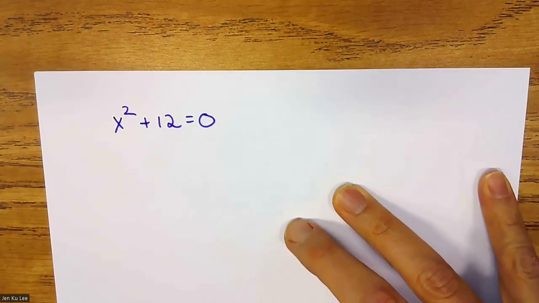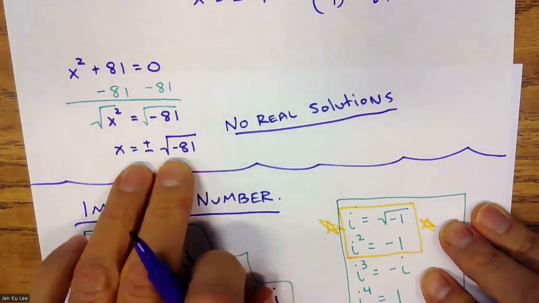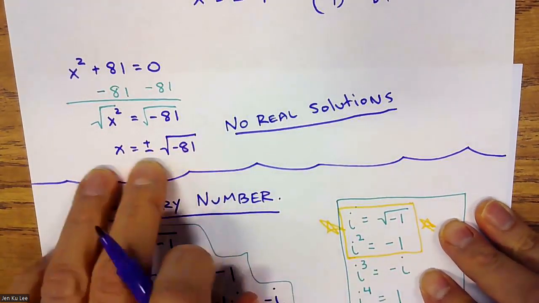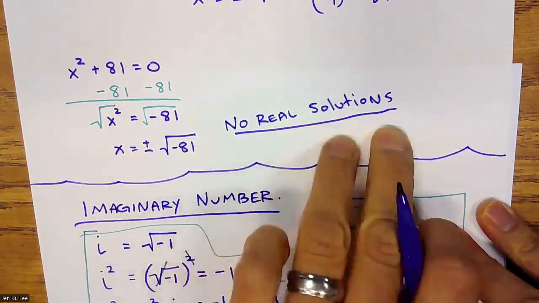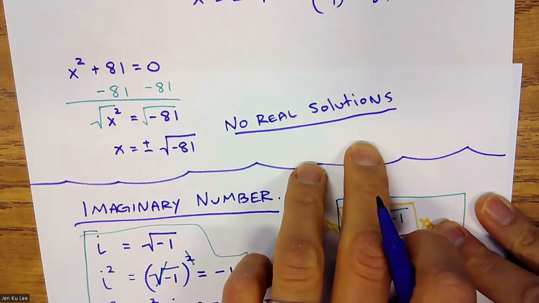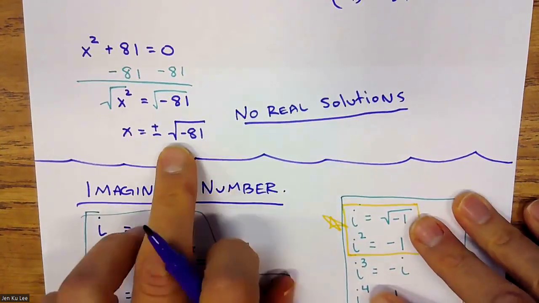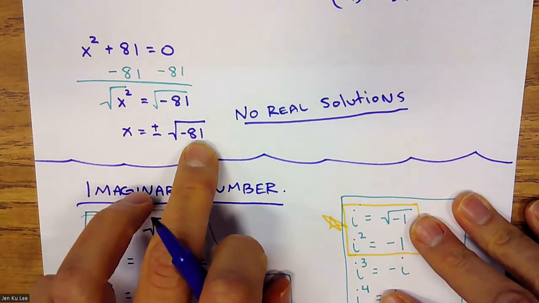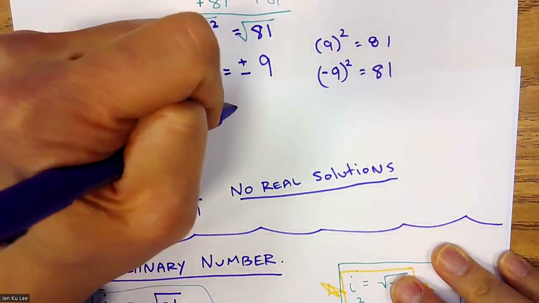Oh, class, hold on. Before we go over this example, let's go over this one, right? We didn't finish this one. Before, it was no real solutions. Yes, that's still correct because there's no real number, but there is an imaginary number. What does the square root of negative 81 break down to then?